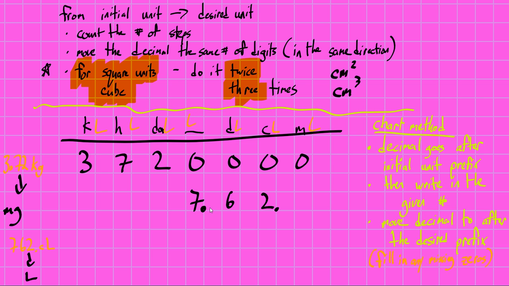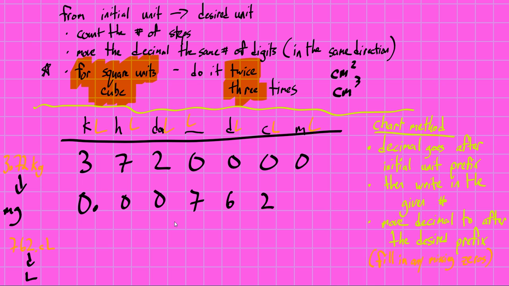So that's 7.62 liters. If I wanted to change it to milliliters, I'd put the decimal there and fill in the 0: 7,620 milliliters. If I wanted to change it to kiloliters, I'd put the decimal there and fill in any missing zeros: 0.00762 kiloliters. This chart method works really well for metric to metric conversions only.